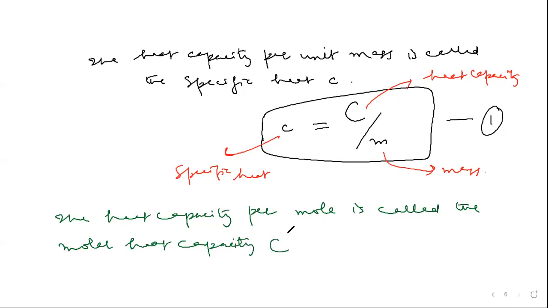I represent it by capital C prime. So you can write molar heat capacity equal to small c times m. Small c is specific heat, m is the mass of 1 mole, which is called the molecular mass.